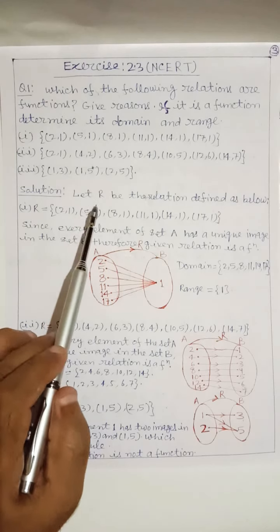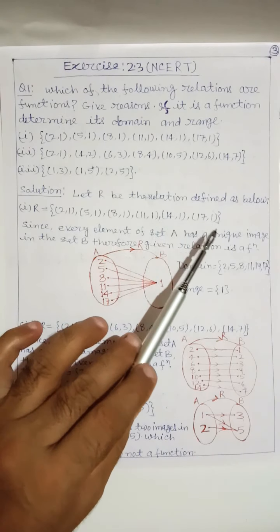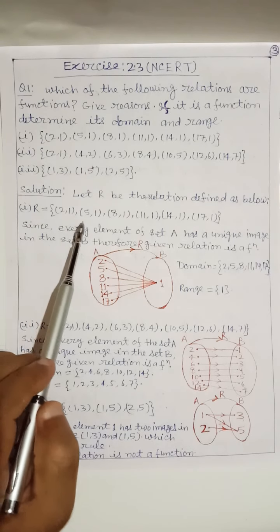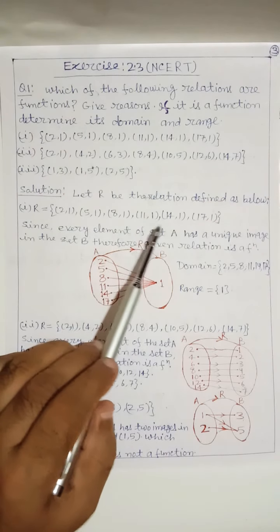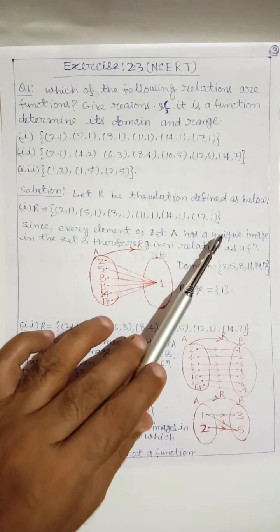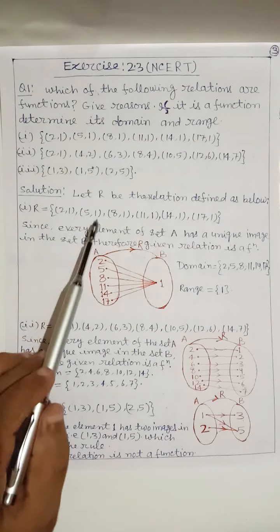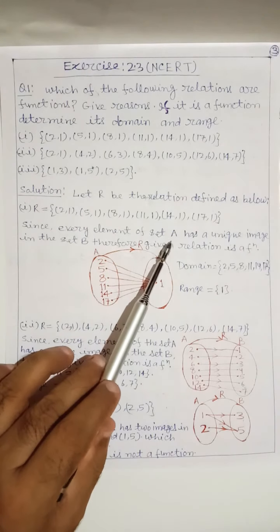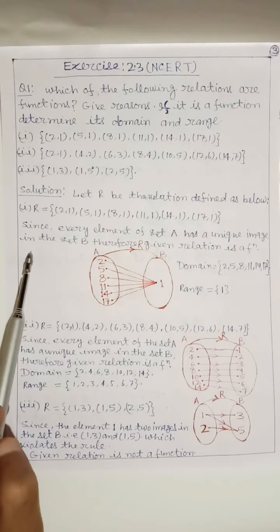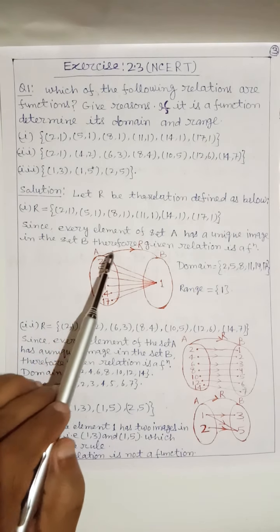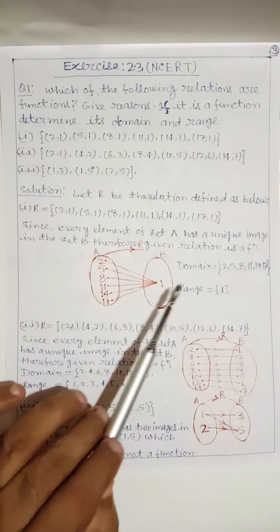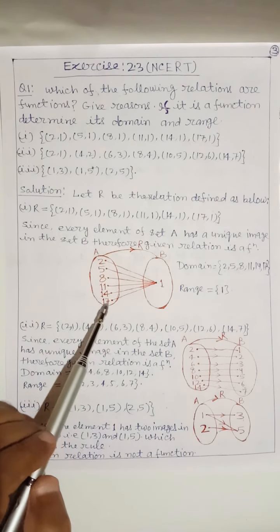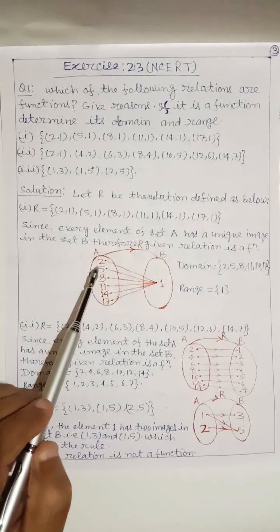To find the solution, let R be the relation defined as below. Here, first R is equal to {(2,1), (5,1), (8,1), (11,1), (14,1), (17,1)}. Dear students, here we can see that every element of set A has a unique image in set B. Therefore, the given relation is a function, and we can see easily from the arrow diagram.